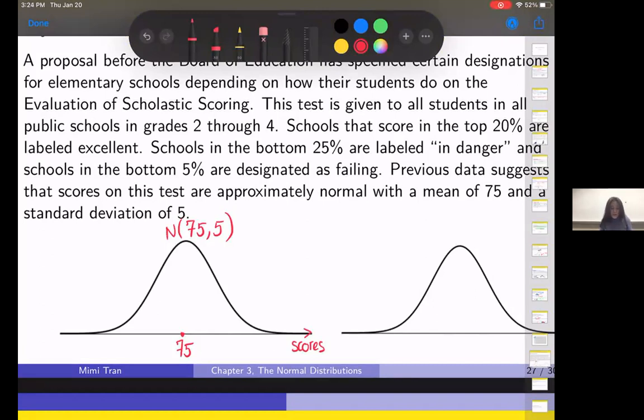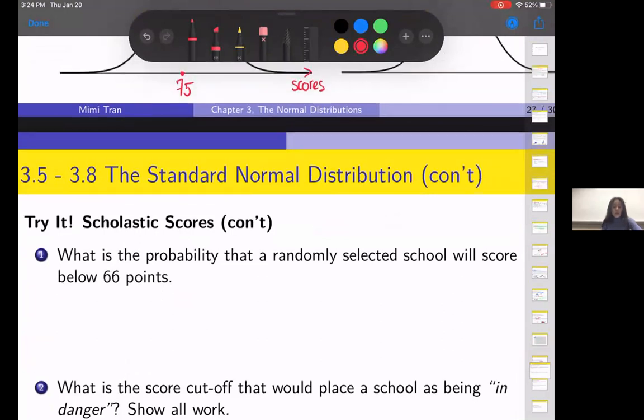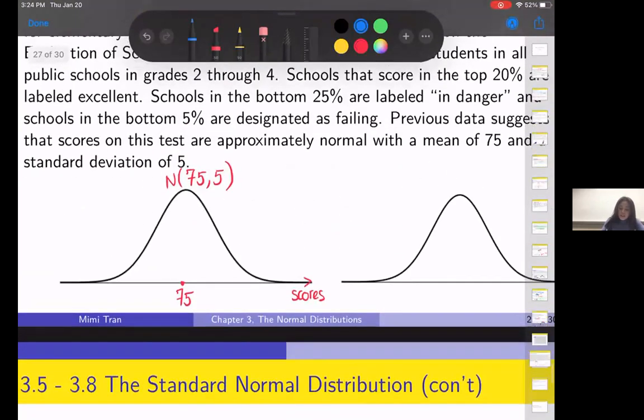What they want: what is the probability that a randomly selected school will score below 66 points? Let me use blue here. 66 is on the left of 75. So maybe I'll say right here, 66.